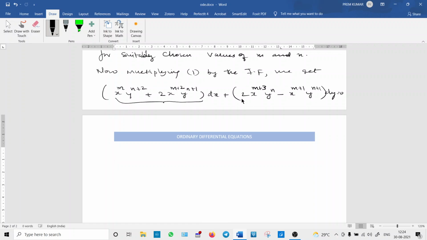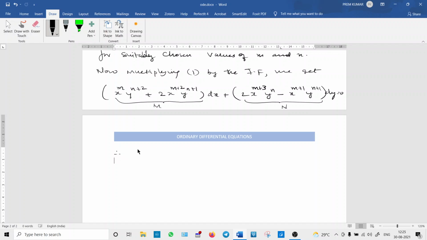So now the differential equation is multiplied by an integrating factor, and now this is my m and this is my n. Since after multiplying the integrating factor the equation becomes an exact differential equation, we can use the sufficient condition for exactness.